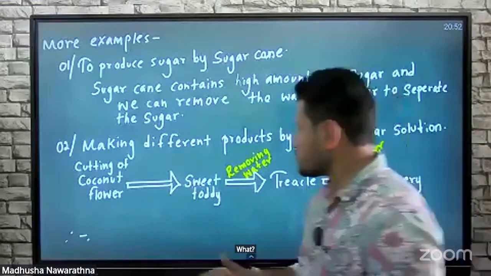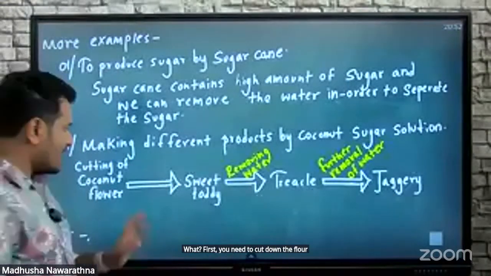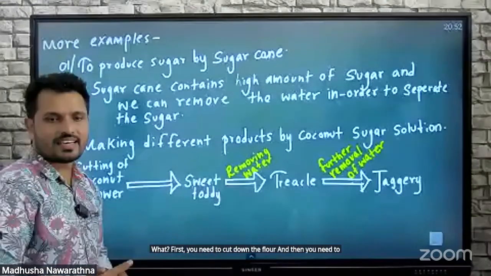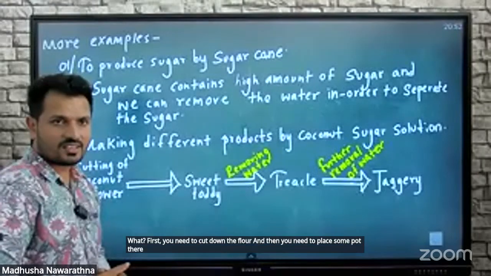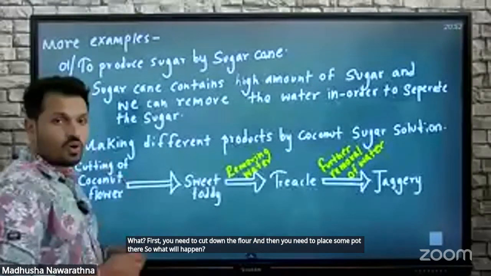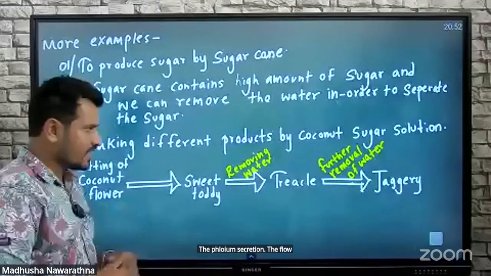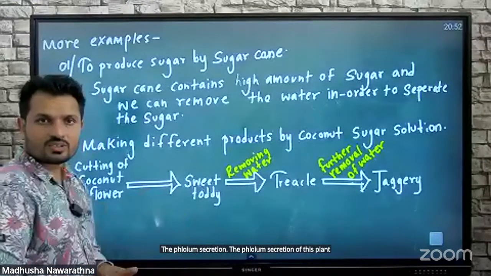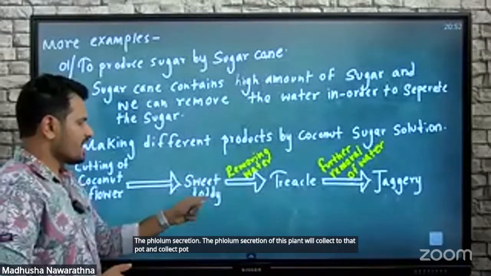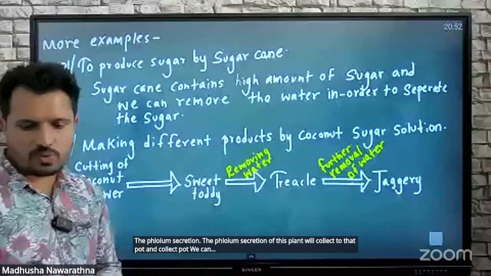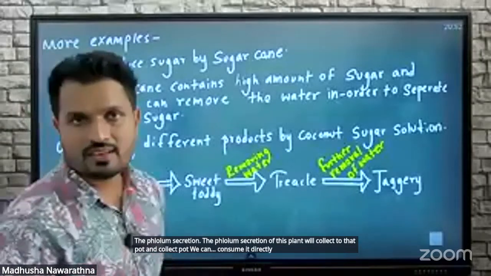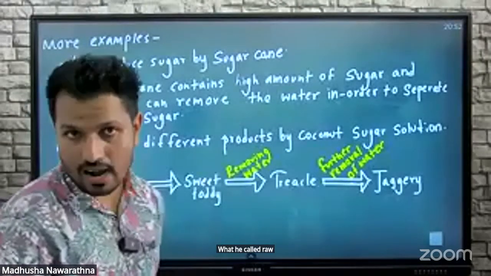First, you need to cut down the flower, and then you need to place a pot there. So what will happen? The phloem secretion of this plant will collect in that pot, and we can consume it directly as sweet toddy. In Sinhala, we call it raa.